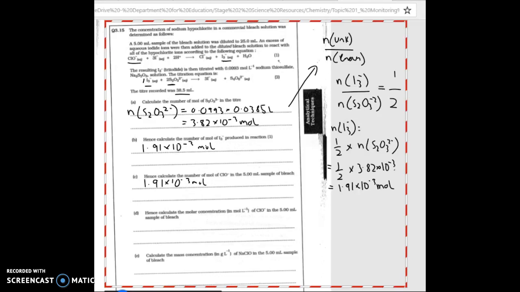I'll just put in brackets, number of moles of I3 is the same as the number of moles of ClO, equals 1-to-1.